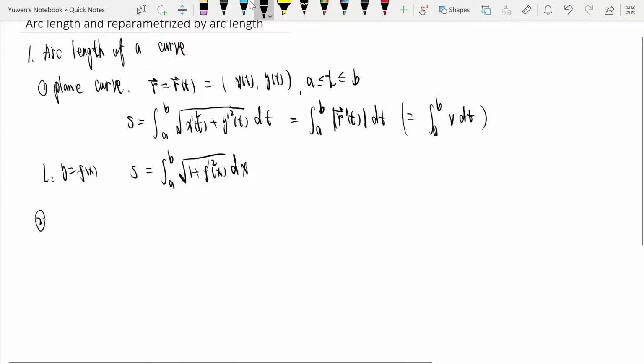And for a space curve, I use the same method to derive the formula of the arc length.